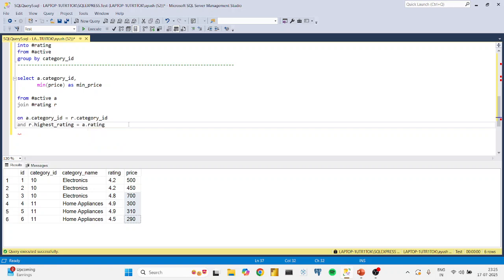So now what we are doing is, not only are we joining on this category id, we are also telling it to join on this rating. Okay, the highest rating. So the highest rating this 10th category has is 4.8, which is present in the rating temporary table, and this 11 has the highest rating of 4.9, which is present in the rating table.